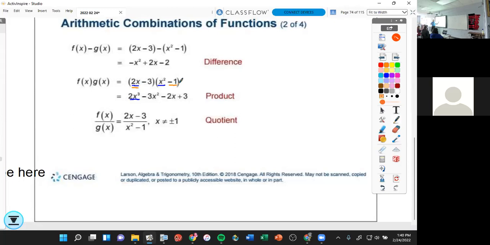And the reason they did that is because inside times inside is negative 3x squared, which is a higher degree than the negative 2x. So they flipped them. Is that okay? And then, of course, finally, we have last times last, which gives us a +3. Here's a situation where we FOILed two binomials and had no like terms, so nothing combined.